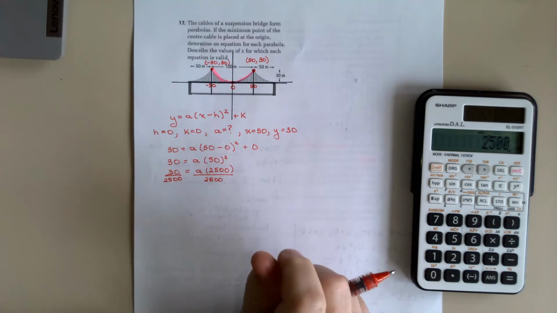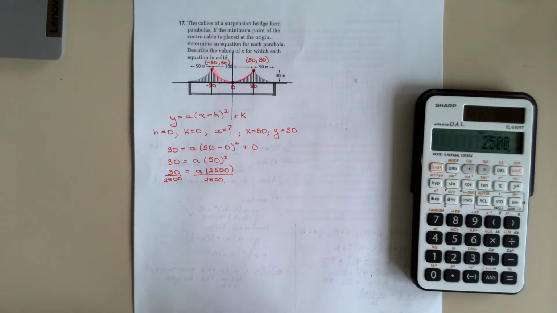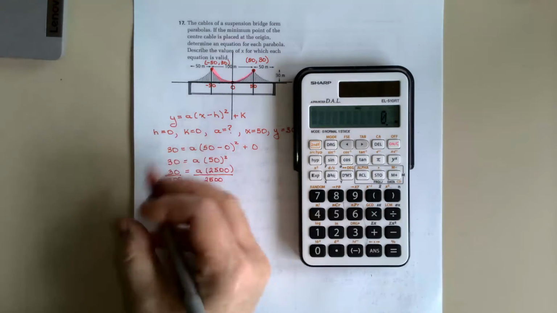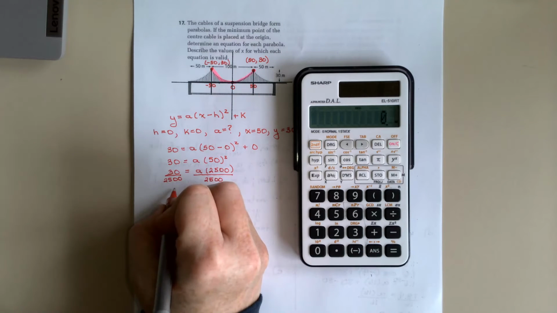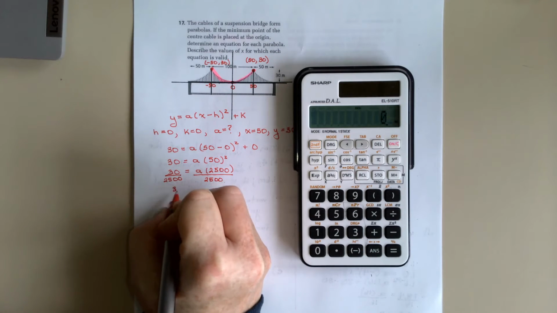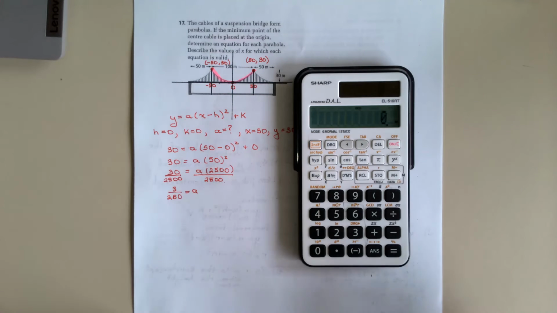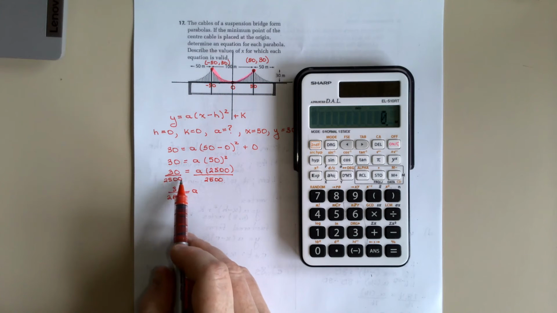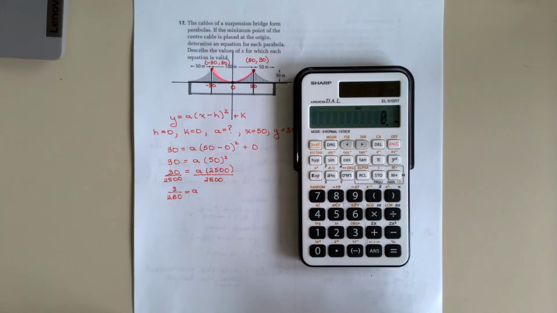So now I know that 30 over 2,500 is equal to a. Just as a reminder, you want to simplify this. So we end up with 3 over 250 is equal to a. I just divided 30 by 10 and got 3, and 2,500 by 10 and got 250.